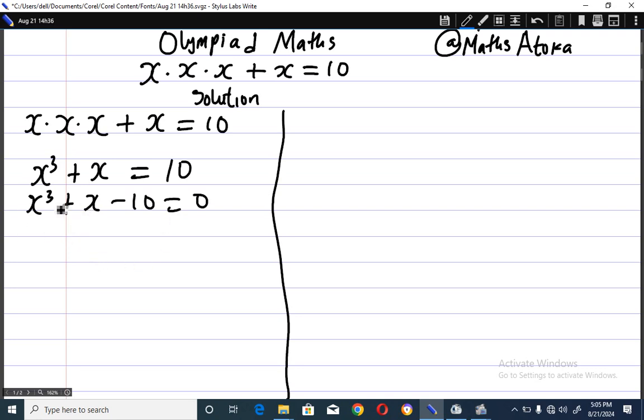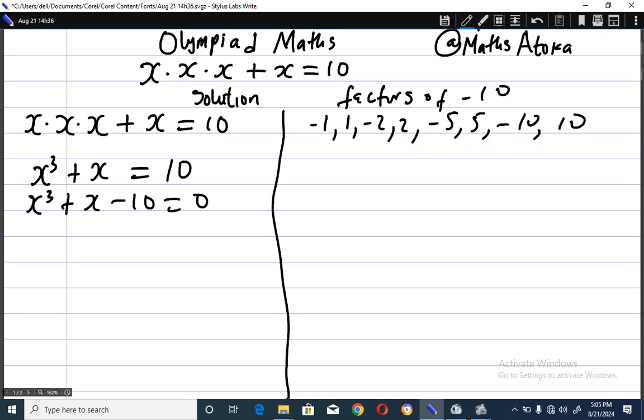Now the factors of minus 10 are minus 1, 1, minus 2, 2, minus 5, 5, minus 10 and 10. So let's check in each of these which one can give us 0 here.